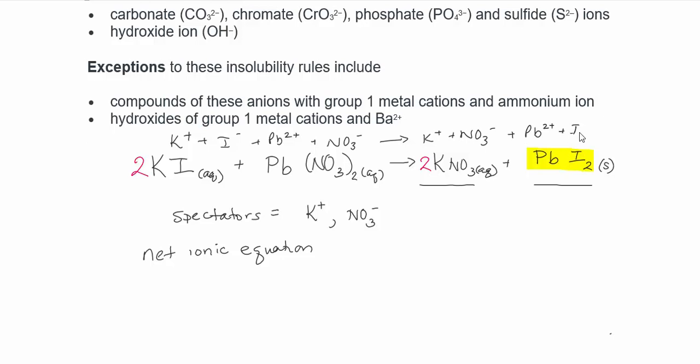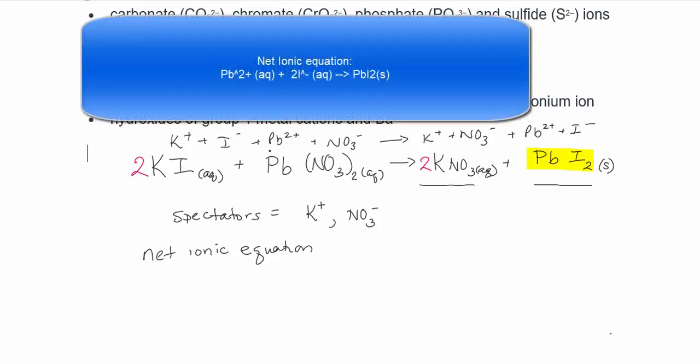That doesn't get broken apart because it's a solid. And I cross out the sides. So the potassium, which is my spectator ion, the nitrate, which is my spectator ion, then what I'm left with is the net ionic reaction. Make sure it's balanced, and that is your net ionic reaction.